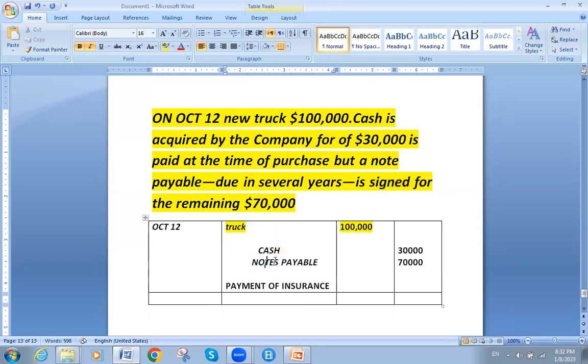Sorry for that, it's notes only, N-O-T-E-S, notes payable. It's only one O and one T. That's perfect. So this was the second transaction we've done for today.